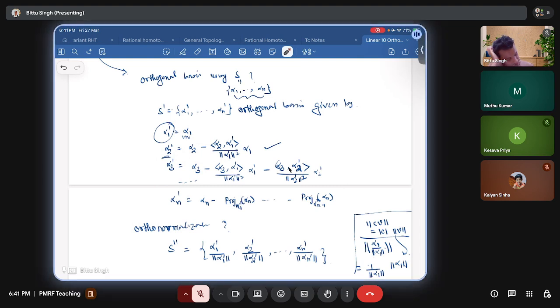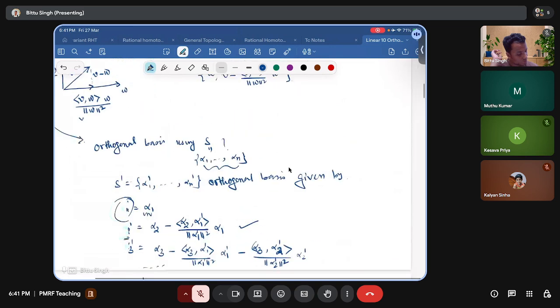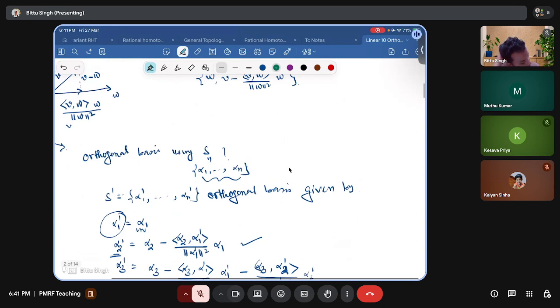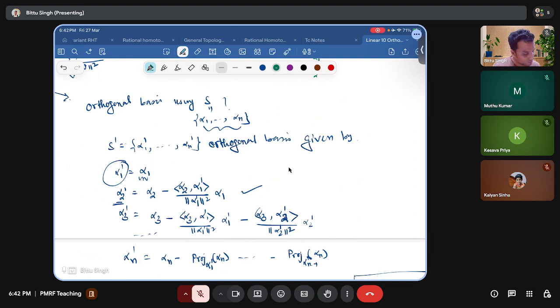Okay, let me check by this example. Just consider three vectors instead of n. So first one is alpha 1, then the second vector is, instead of dash let me write beta 1 up to beta n, otherwise it is making some wrong choice of notations. So let me write beta 1 up to beta n to make our life simple.